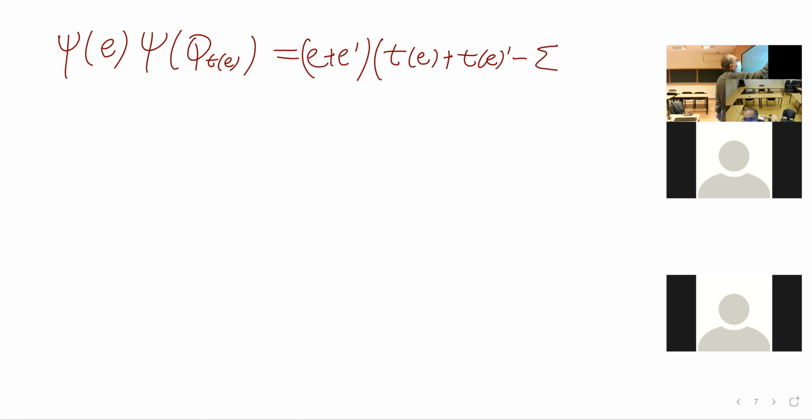And I have some F's, running the pre-image of the image on the T of E. F star, well, I should write psi. F psi.